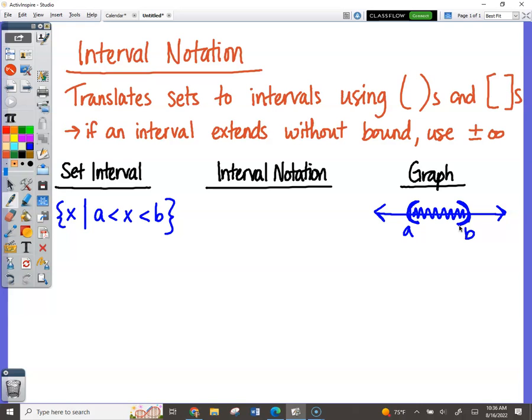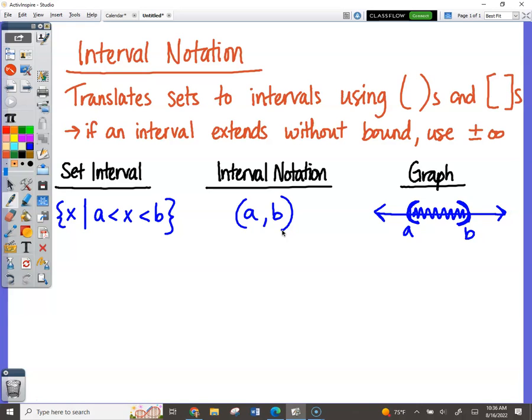Here's what it would look like in interval notation. Now you might think that looks like a coordinate point. It does look like that, but if we're talking about a set of values, then that's how you know it's not a coordinate point.